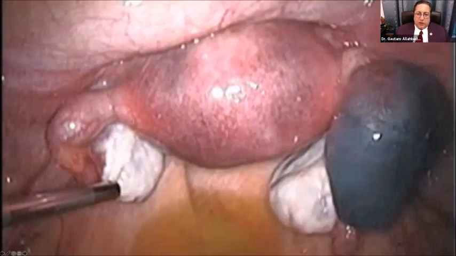And then if you find any abnormality on the HSG or you suspect anything on transvaginal ultrasound, then laparoscopy is a must. This is the same patient where the HSG showed the retort-shaped big tube, and here you have a typical retort-shaped, flask-shaped tube suggestive of tuberculosis.